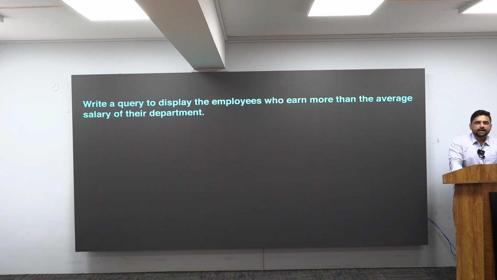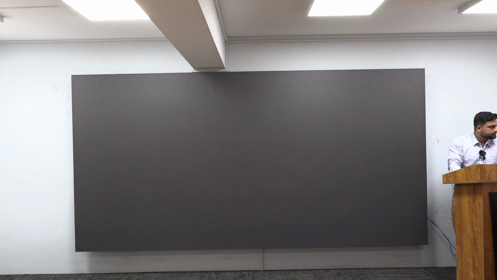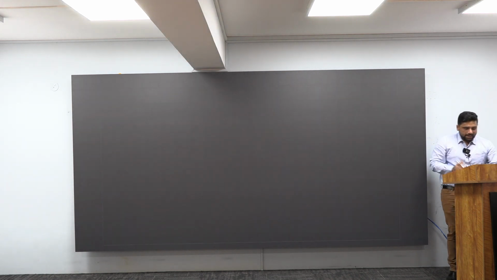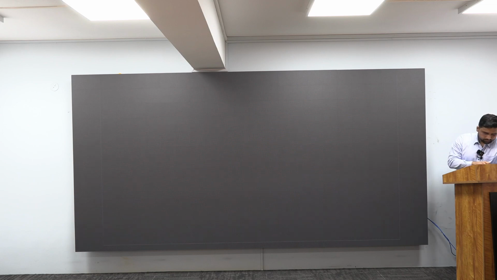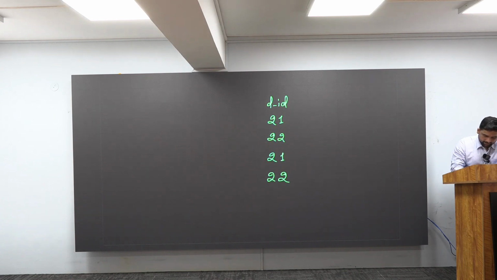See, for this question I want your 100% concentration. So please focus here. Now, I am taking one scenario. We have a department ID, for example 21, 22, 21 again, 22.